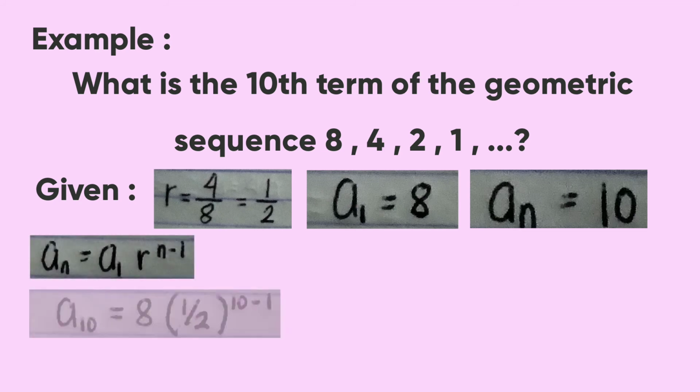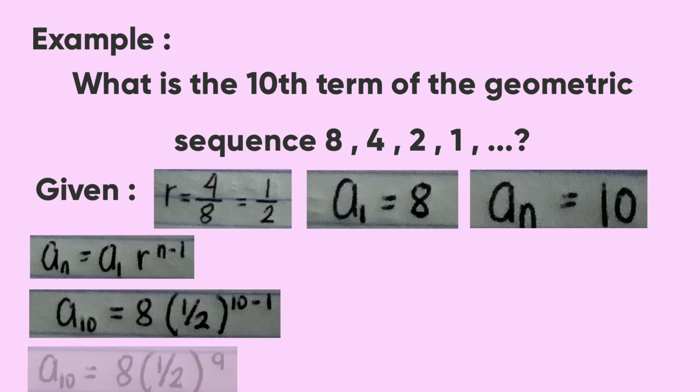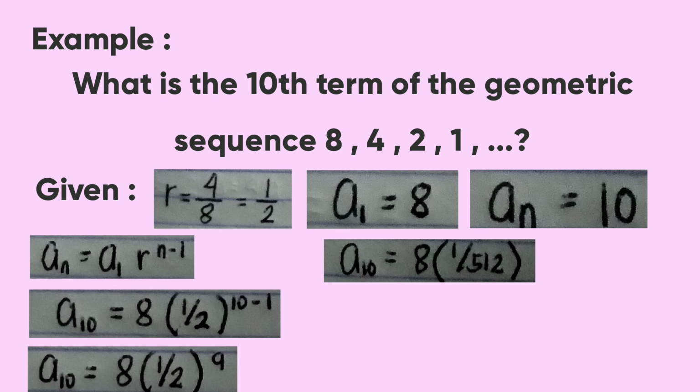So we have now a sub 10 equals 8 times 1/2 to the raised of 10 minus 1. And then a sub 10 equals 8 times 1/2 to the raised of 9 because 10 minus 1 equals 9. Then a sub 10 equals 8 times 1/512 because 1/2 raised to 9 is equals to 1/512.